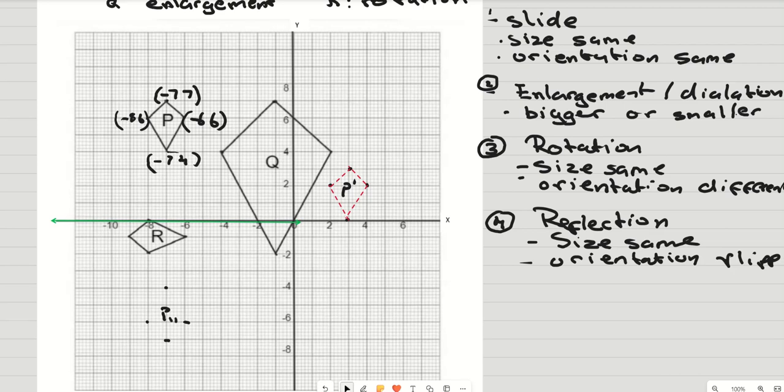So again, for reflection, the hardest thing is just to find out where my mirror line is at. And they give you that. So once you find that, let me just make this here.